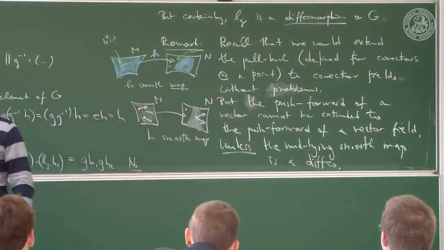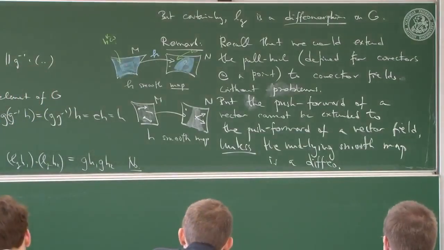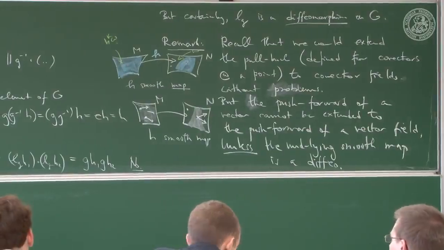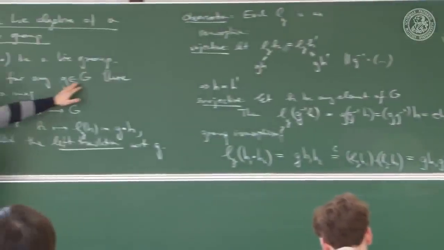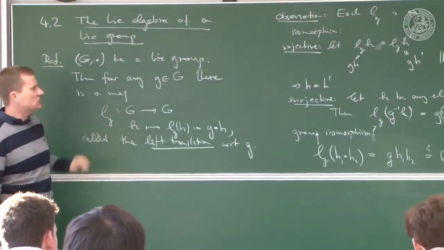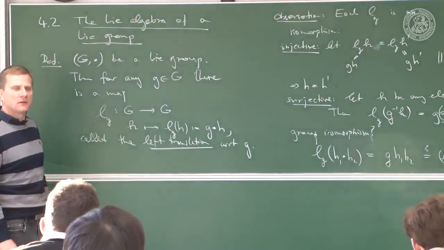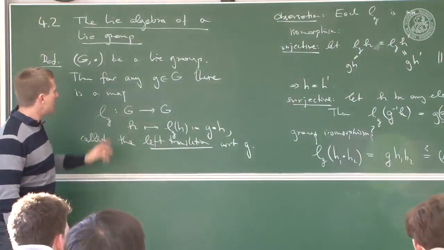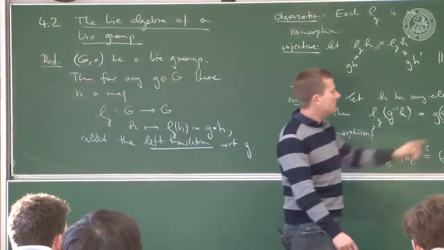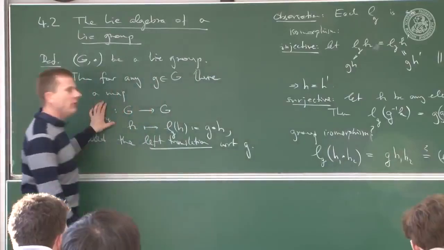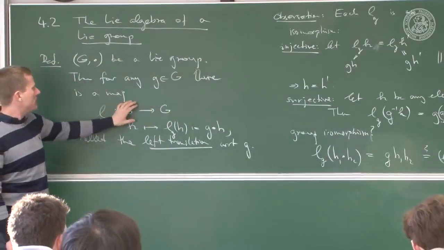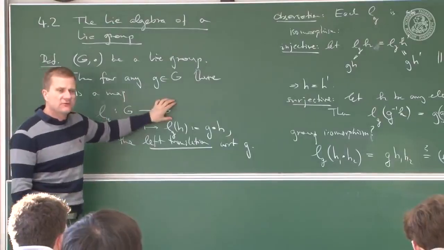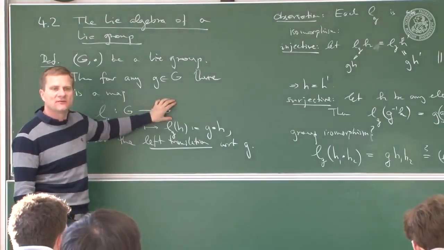So what have we found? We found that on our smooth manifold G underlying the Lie algebra, for any element g in G, I can construct a diffeomorphism that sends points of the manifold to the manifold. But because this is a diffeo, I can use the push forward of this map to map vector fields on the group to vector fields on the group manifold.